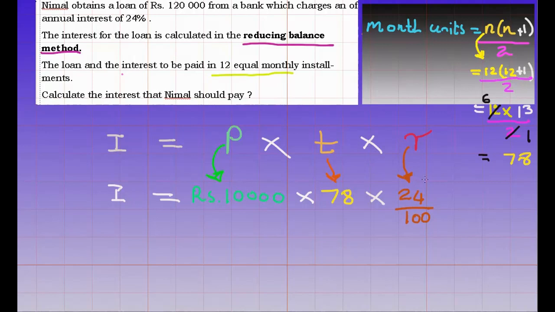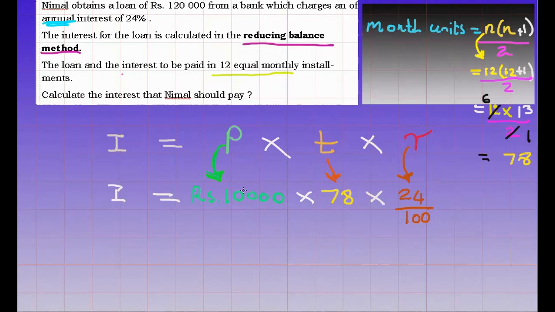All right. But wait, there is an issue. What's the issue? Look at the interest rate given to you. It says annual interest rate. What does annual mean? Annual means per year. But there is a mismatch now. What have we used for P? That's 10,000. And what's 10,000?